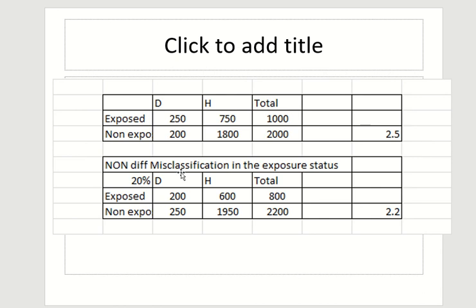So let's do something called a non-differential misclassification in the exposure status, and we're doing that at 20%. So I'm going to make a mistake in 20% of my exposed: I'll remove them from the exposure and put them in the non-exposure. Though they are exposed, maybe they are taking the medication, I'm going to miss that.